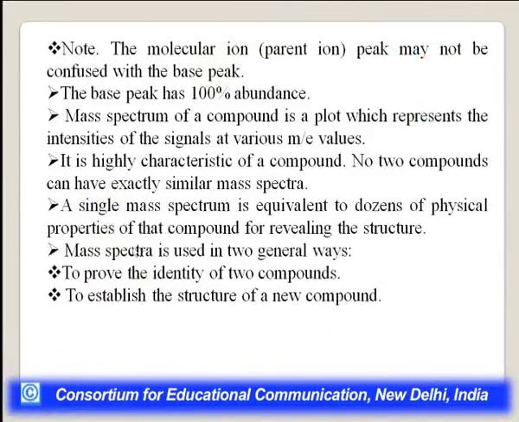A single mass spectrum is equivalent to dozens of physical properties of that compound for revealing the structure of that particular organic molecule. Mass spectra is used in two general ways. What is the application of this mass spectra? To prove the identity of two compounds, and to establish the structure of a new compound.